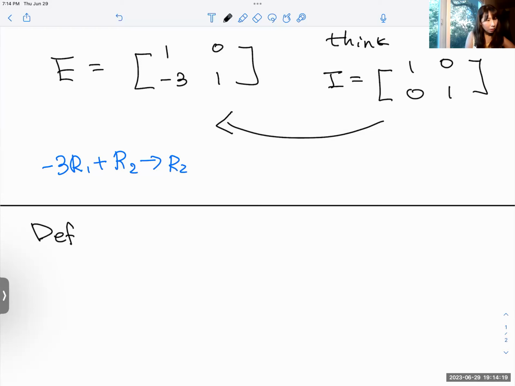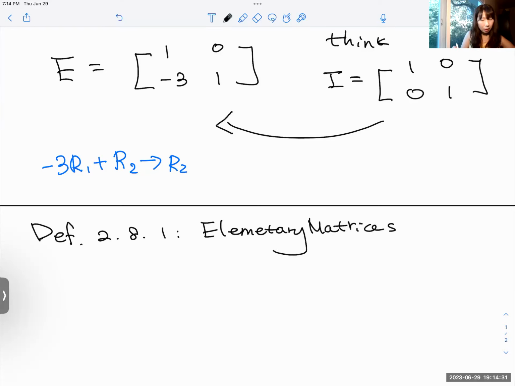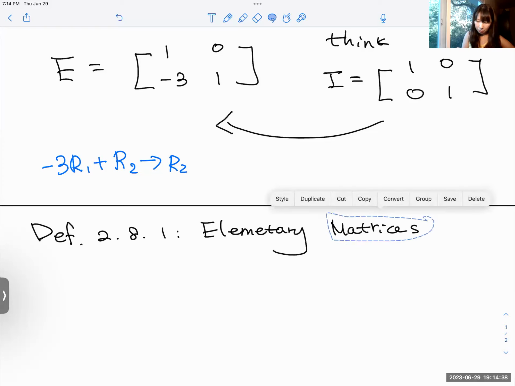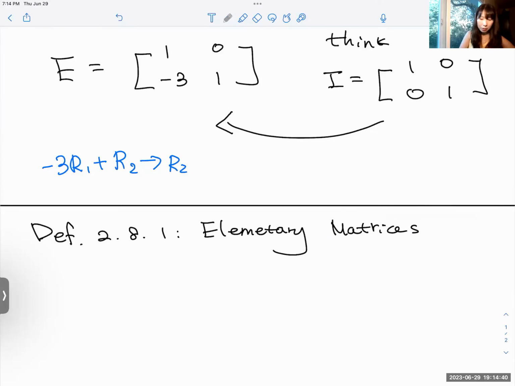Definition 2.8.1, elementary matrices and row operation.